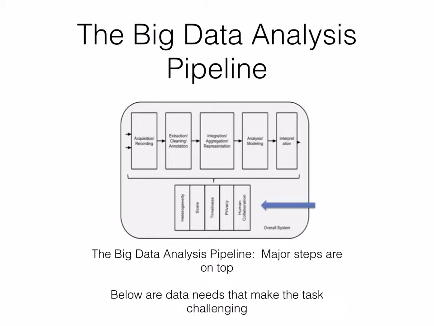And then the last thing, which is the most human intensive, is the interpretation. The challenging big data needs on the bottom are heterogeneity of data, the scale of it, the privacy of it, and the way that humans collaborate on it. These are all things that make the task of advanced analytics quite challenging.